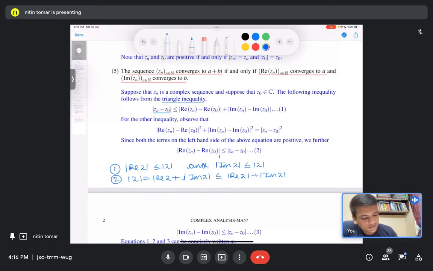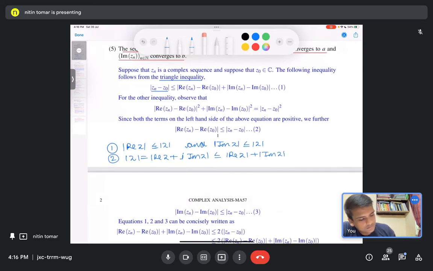And for the other inequality, inequality number 2, we will apply these two inequalities.